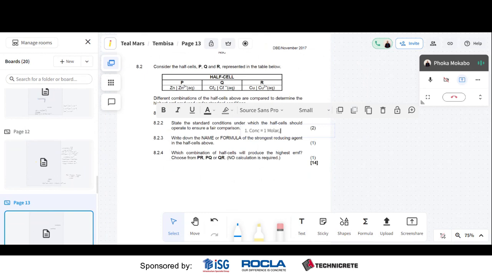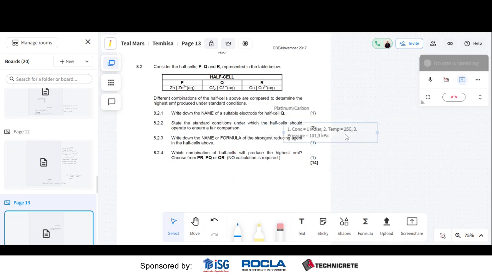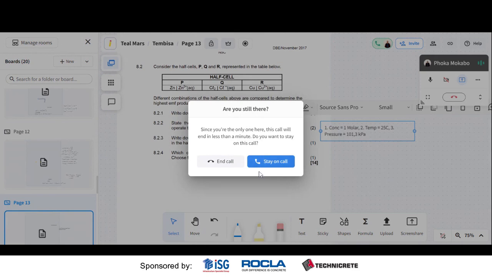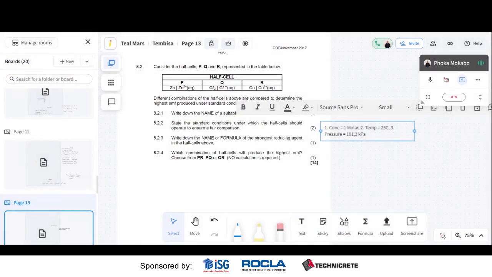A standard temperature of 25 degrees Celsius and the standard pressure of 101,3 kilopascals. STP, standard temperature and pressure, as well as standard concentration as well.